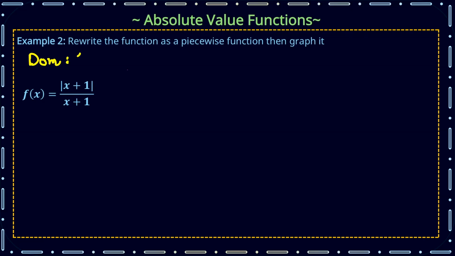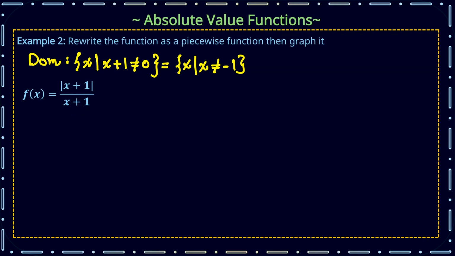Domain is all x such that the denominator x plus 1 can't equal 0, or x is such that x can't equal negative 1. Negative 1 makes this function undefined. You get 0 in the denominator.